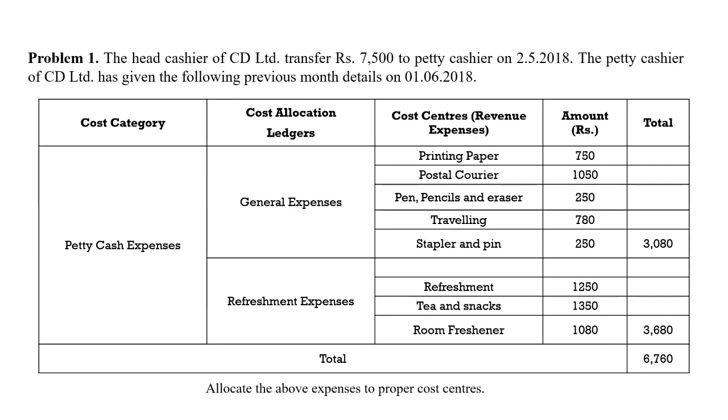In shortcut method, cost category, then cost centers, and finally we will create different heads for allocation of cost. So now what should we do? Now we will create a company first. I hope all of you have taken the snap of this particular screen.